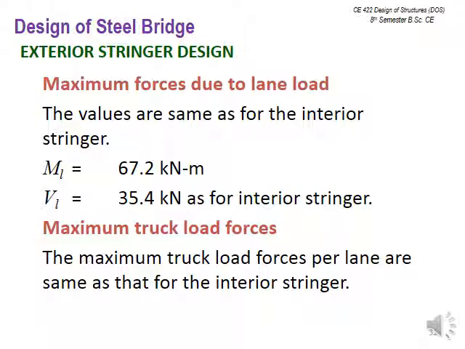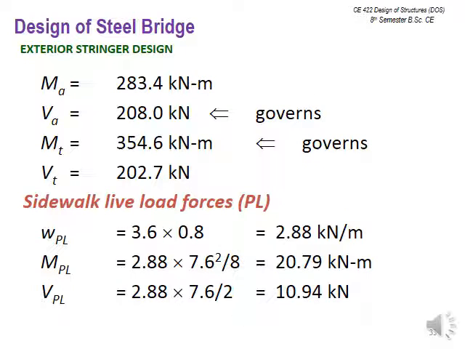Then lane loads, similarly 9.3, moment and shear. For maximum truck loads, same as that of the interior. Then the sidewalk live load, that is an additional one, that is 3.6.